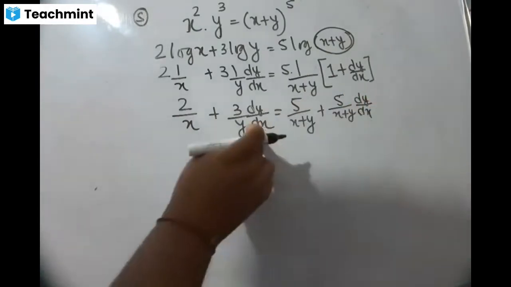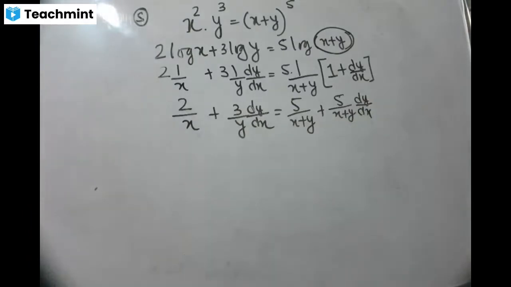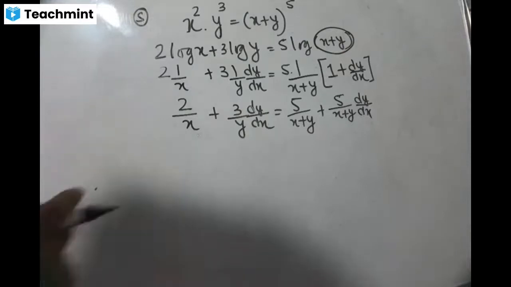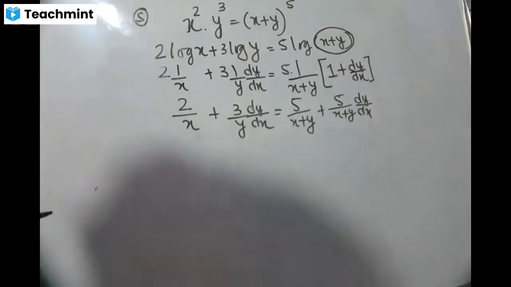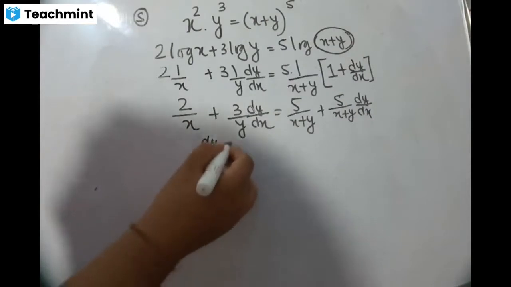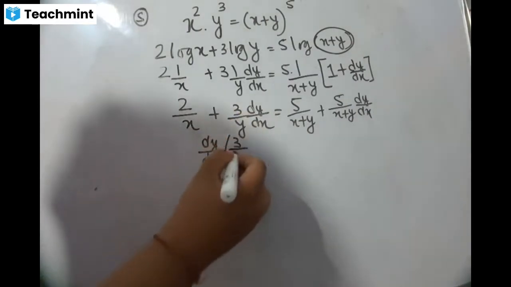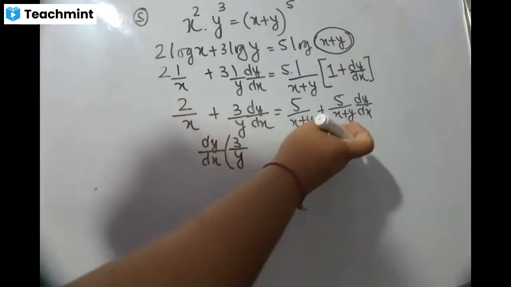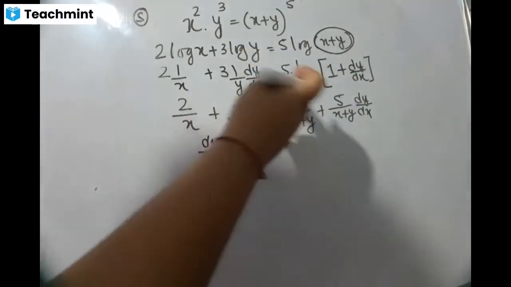So you see 2 dy by dx, one is on the left, one is on the right. So I need to take common. So if I bring this side, obviously it's going to be negative. So I'm skipping one step.